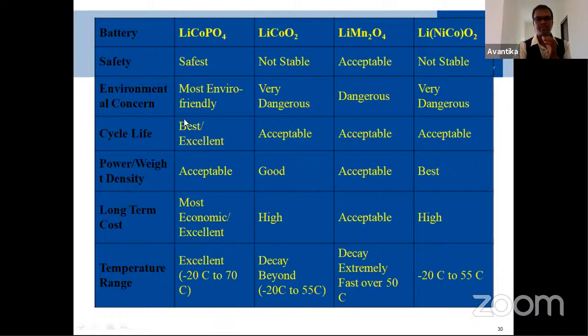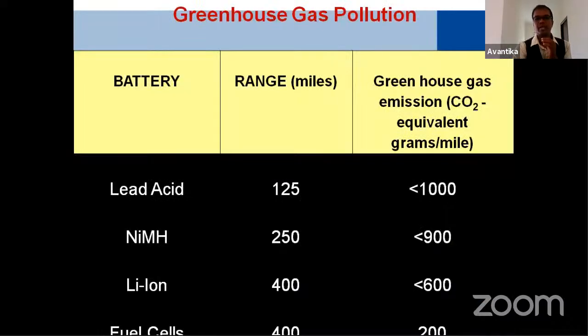And the cycling life is better compared to oxide-based material. And regarding the temperature range, phosphate-based material can work from minus 20 degrees to a maximum of 70 degrees Celsius. This is the most advantageous feature of phosphate-based material. Okay. So here you can see the range of greenhouse gas emission.